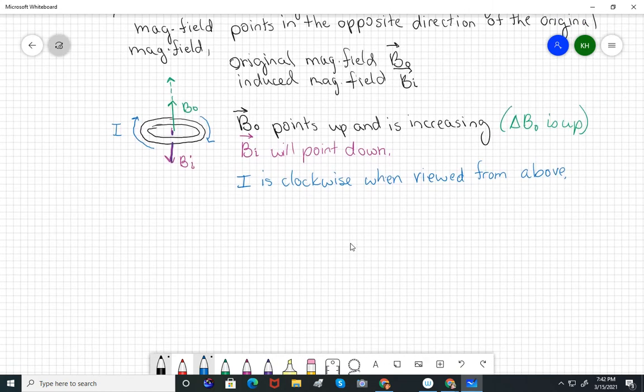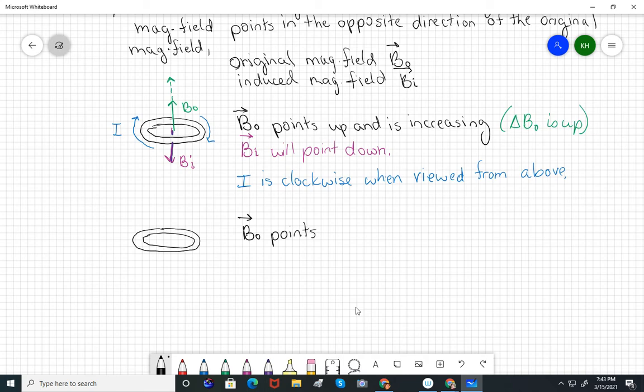Let's do another example. Let's take a loop. There's our current loop. And let's go ahead and say that B0 points up just like before and is decreasing.